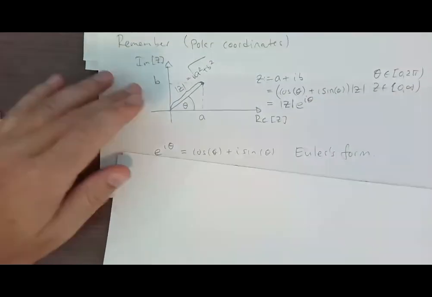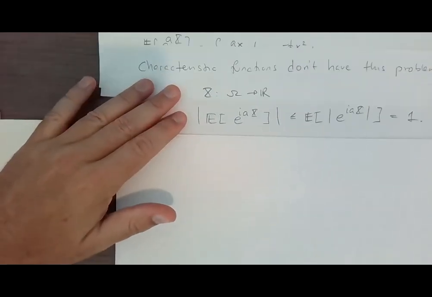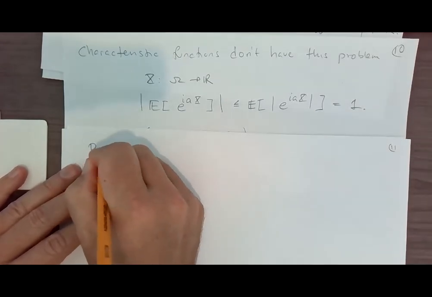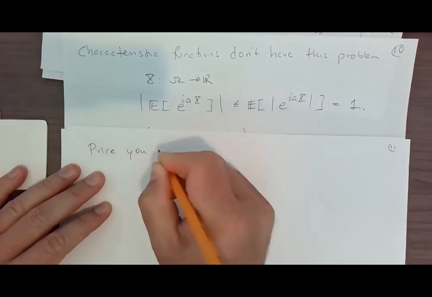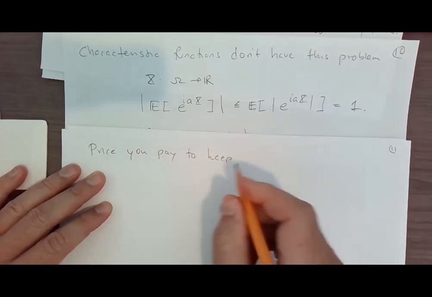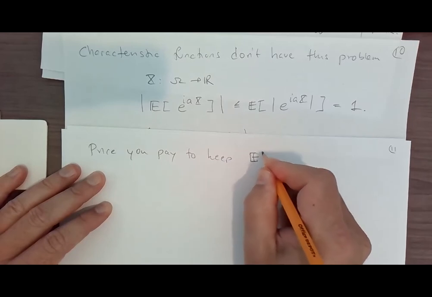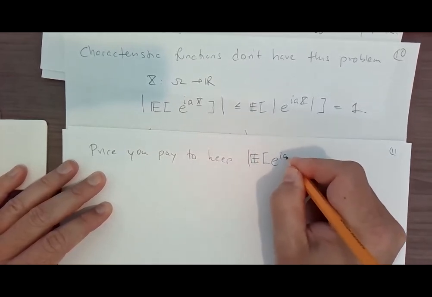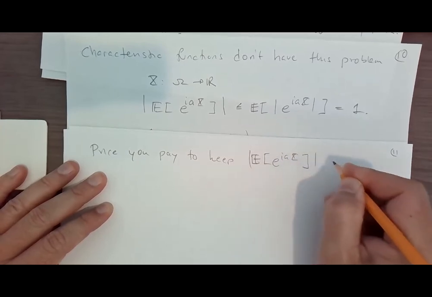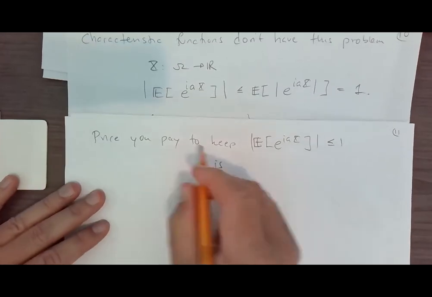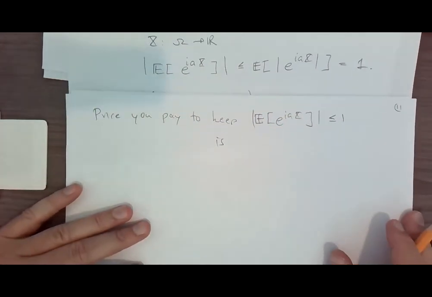Which means the characteristic function is never going to blow up to plus infinity. And the price we pay to keep the characteristic function finite, to keep the absolute value of e to the iax less than 1, is this. There's always a price to be paid.